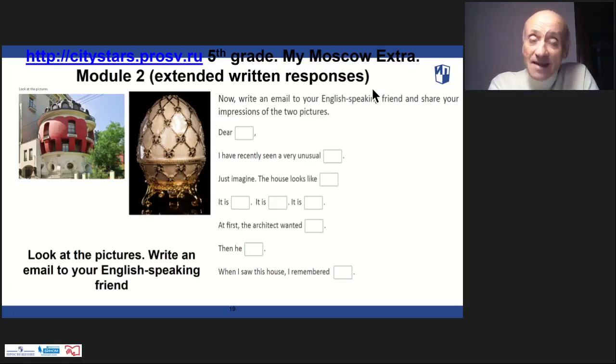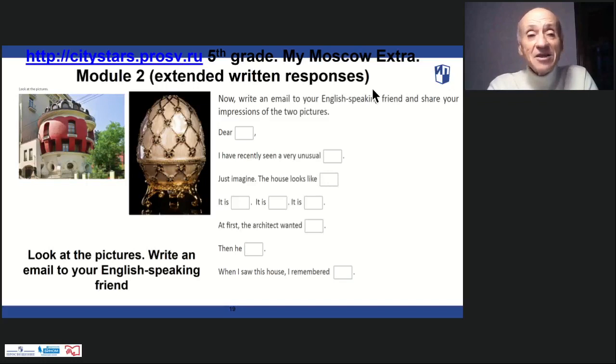This course book, City Stars, is actually a version of Starlight for Moscow children, for students of Moscow from the 2nd to the 11th school grades. But the portal citystars.prof.ru is open for free access to all the students and teachers across Russia and abroad.